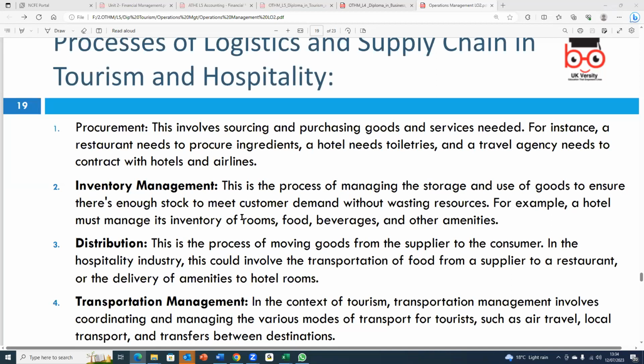So you can use the minimum order quantity or economic order quantity. Remember we told you to use the software, which is the systems of software. We can use economic order quantity or just in time.